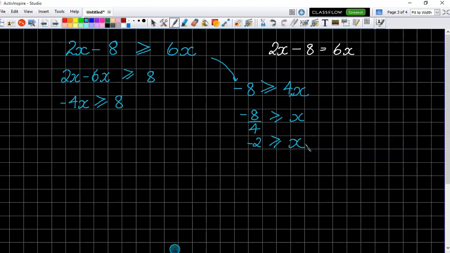Now, what we talked about this morning, that's greater, that's little, correct? So if I was to write this, can you see that the little end is still pointing to the x here?